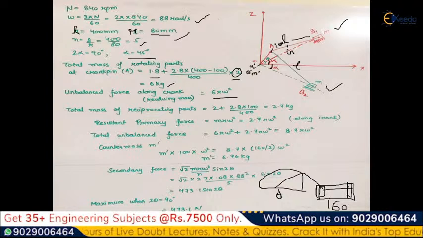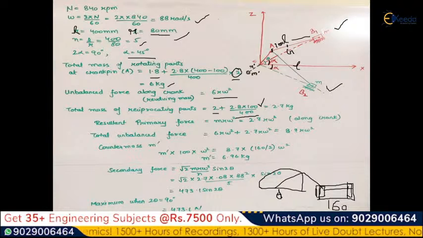Now the total mass of the reciprocating parts is the connecting rod, which is 2 kilogram, plus the part of the mass that is lying at this piston. So it will be 2.8 into 100 upon 400, because the other part of this is lying at the crank pin. What we have done is a dynamically equivalent reduction for the connecting rod, which we have already studied.